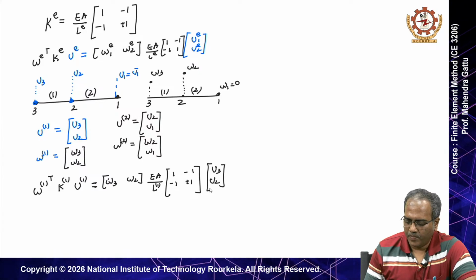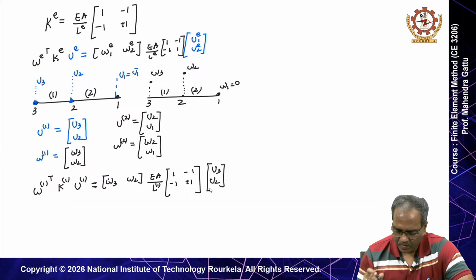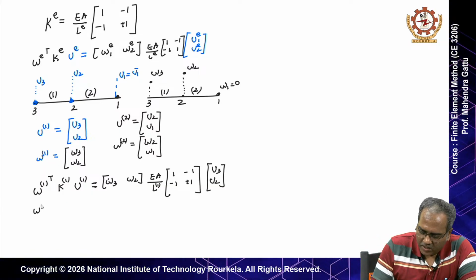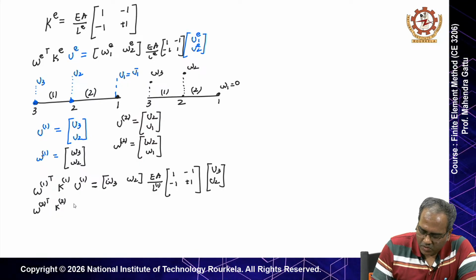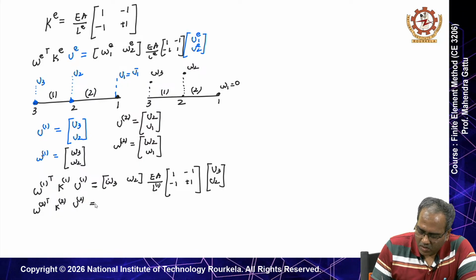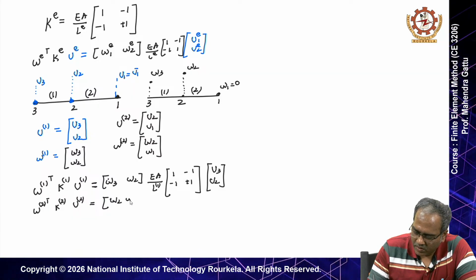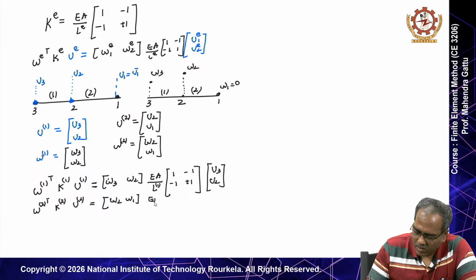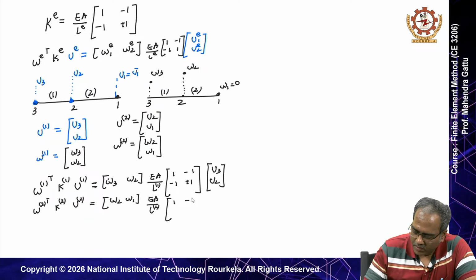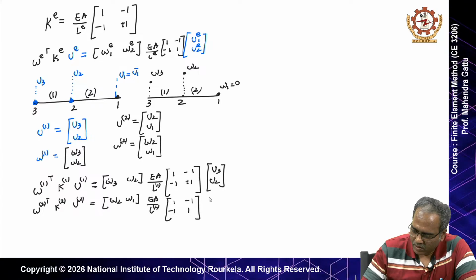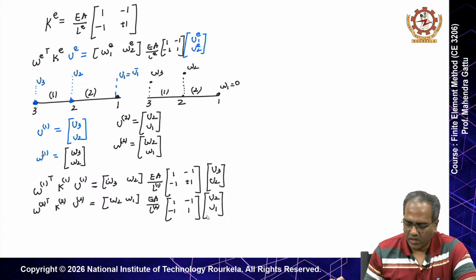Okay. And this other term is W2 transpose K2 U2. So, we write it as W2, W1, times EA by L2 times 1, minus 1, minus 1, 1, times U2, U1. Okay.